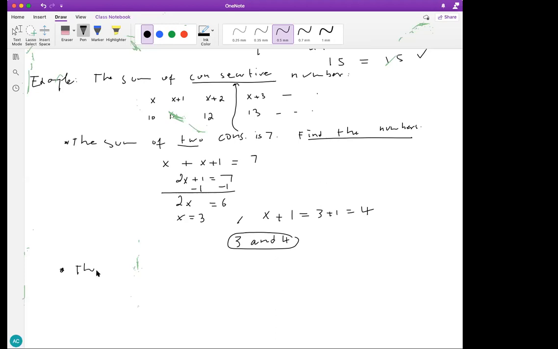So the sum of 3 consecutive numbers is 36. Find all of them.